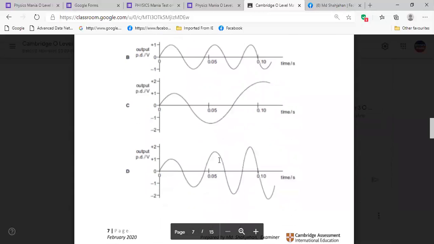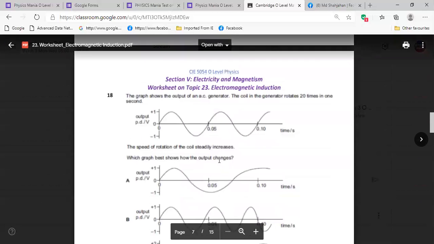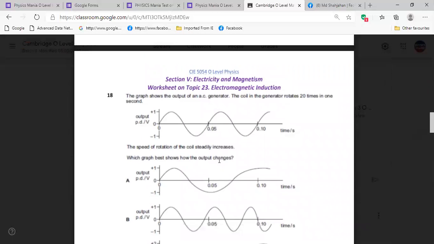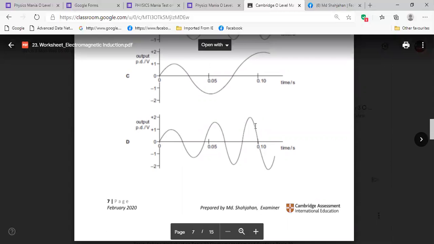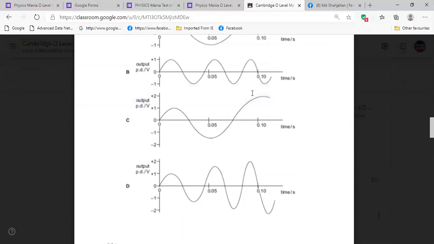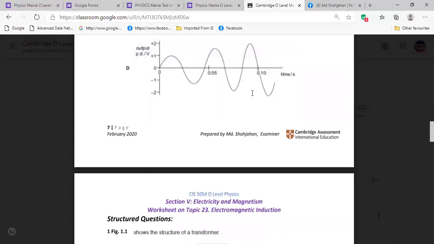So 18, your answer is D. The same idea. Look here. Which graph shows how the output changes? They are saying the speed of rotation of the coil steadily increases. That means the frequency increases, right? And the amplitude also increases. Is it clear?